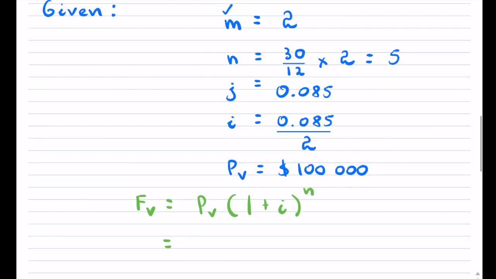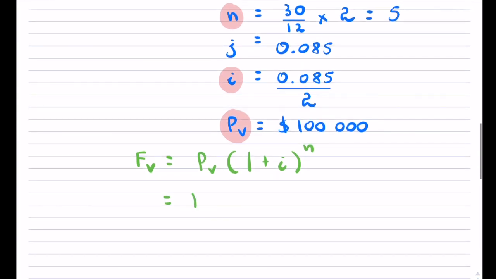Since we have n, we have I, we have PV, I can just substitute all of these in. So this will be 100,000 multiplied by 1 plus 0.085 divided by 2. Notice I don't really divide them yet; I'll let the calculator do that. And finally, n is equal to 5, or whatever it could have been.